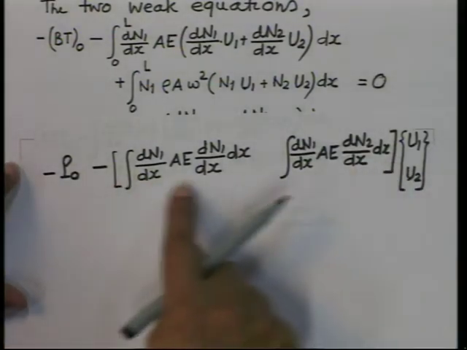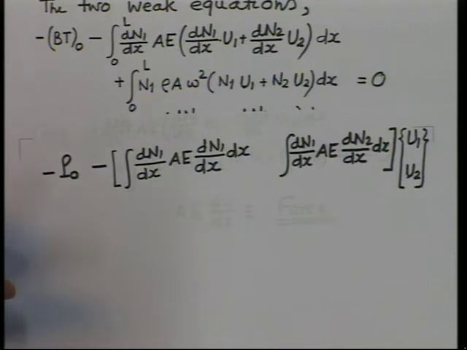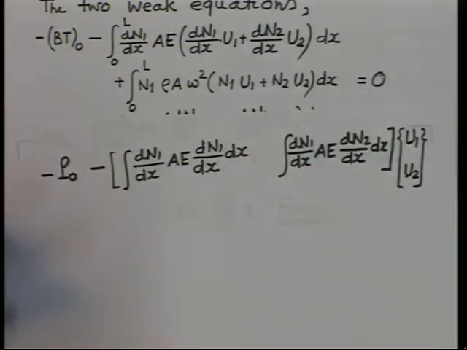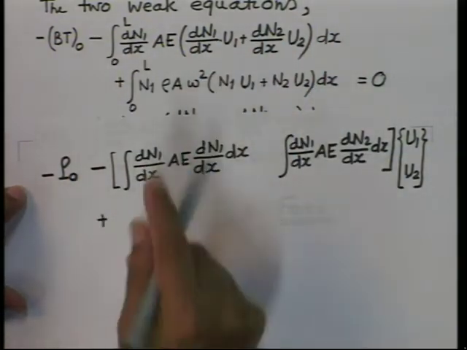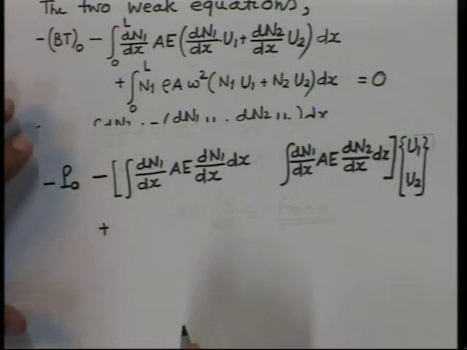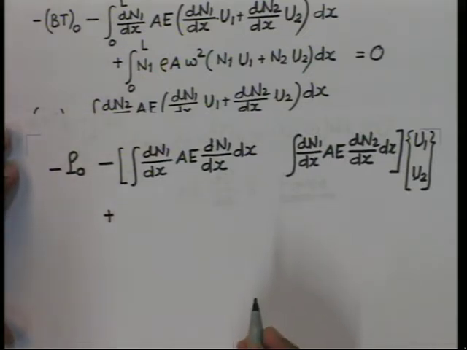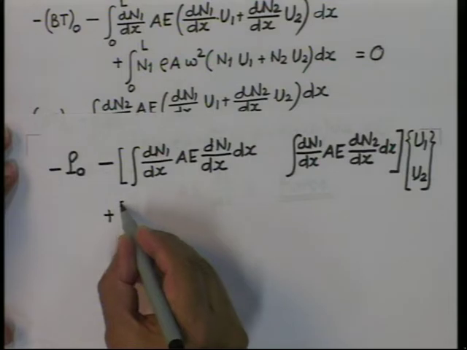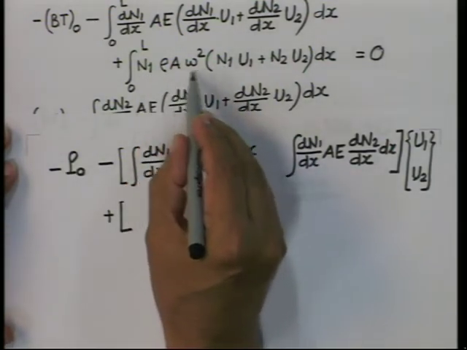So, this is 1 by 2 and this is 2 by 1, so the first row can be written like this, plus what is left over here. We have the integral and u 1 u 2. So, n 1 times rho A will be there.